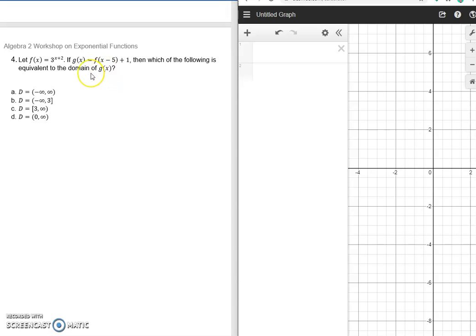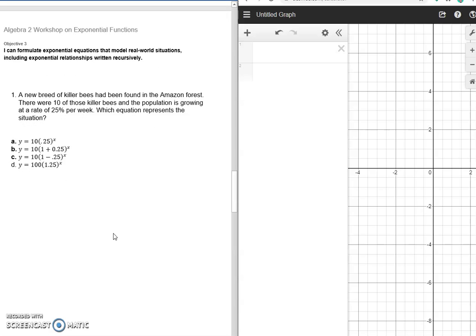So guys, the equivalent domain of an exponential function is always the set of all real numbers because it goes to negative infinity and positive infinity. It goes to the negative part of the x and then the positive part of the x, so left to right. Therefore, no matter how you shift it, even if you shift it up, you shift it 5 units to the right, your domain will still be the set of all real numbers, and that is A.